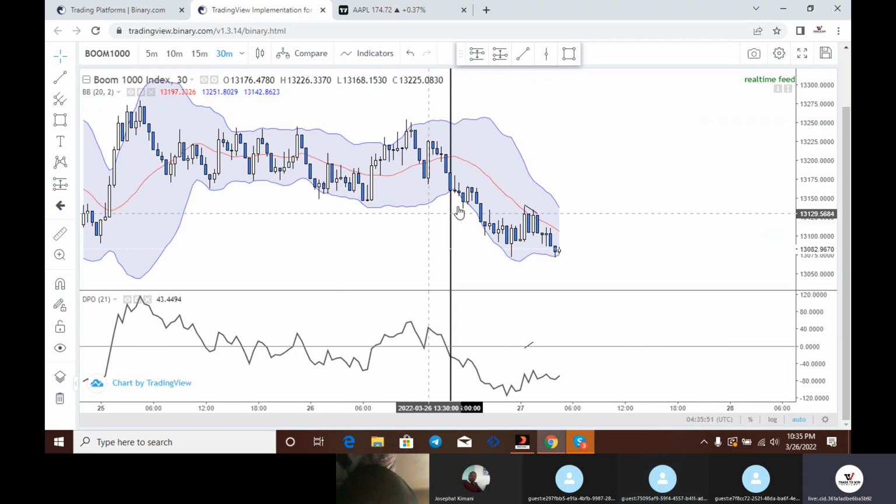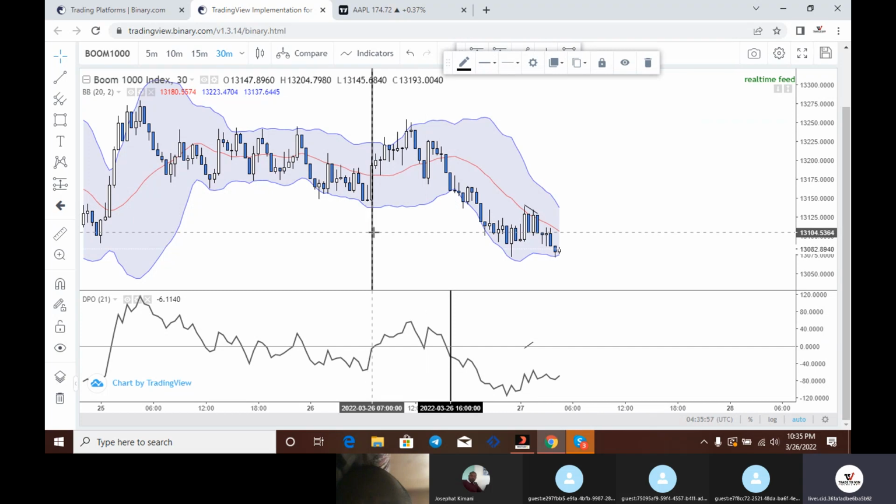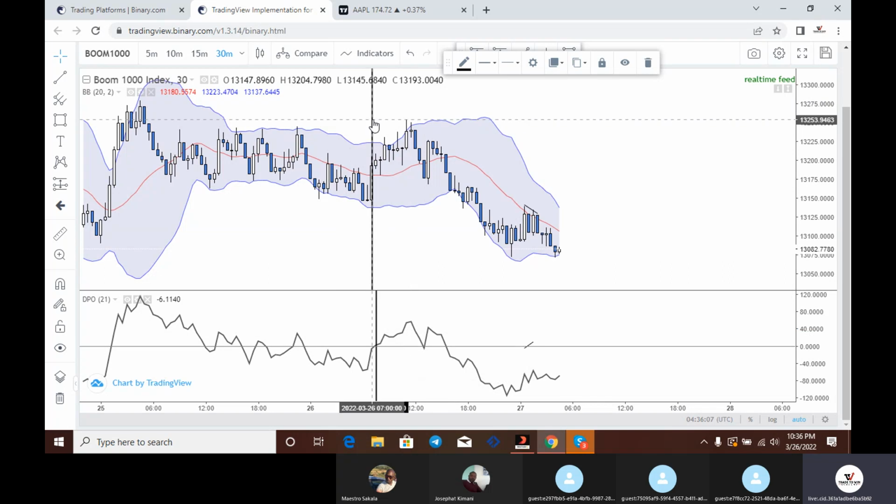All right, so now these are your sell position points. Let's look at buy positions from this point, and the buy whatever stopped here basically.